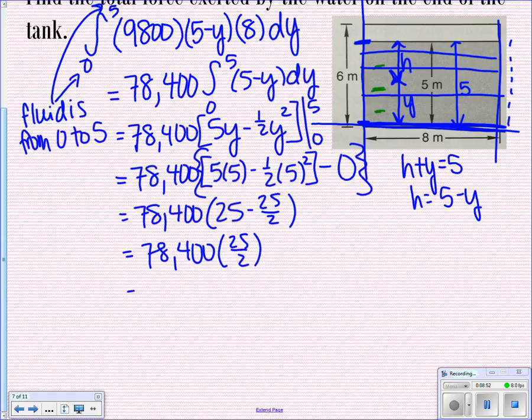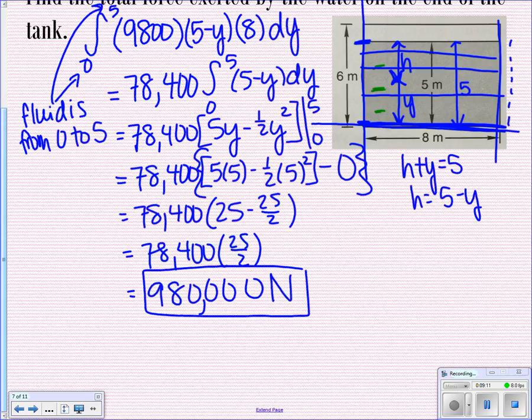So we multiply our 78,400 by 25 over 2, and you get 980,000. And since this is a force, the units on it would be newtons. And so that's going to be your answer there.